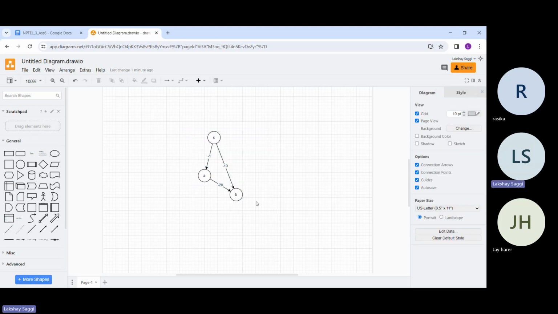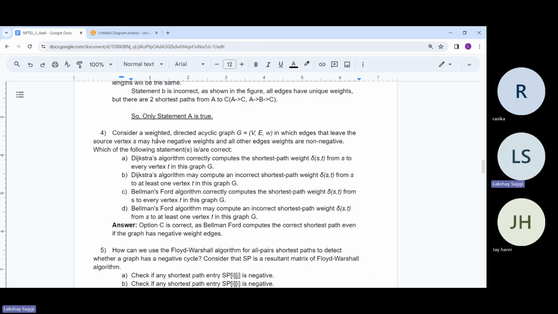But note that at least for the example which I'm discussing, this property does not hold. The property was that the only negative weights may be for the edges which leave the source vertex, and all other weights should be non-negative.